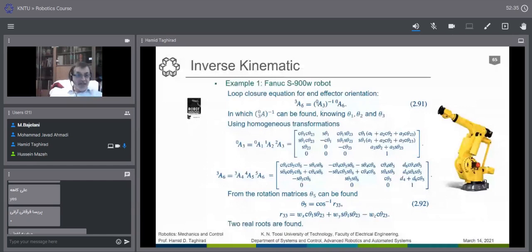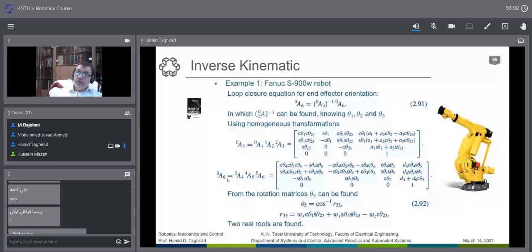We can multiply that, we can find the inverse of that, and giving it to this, we can find A 6 to 3. A 6 to 3, as you see, is the manipulation of A 4 to 3, 5 to 4, and 6 to 5. We have three unknown parameters, theta 4, theta 5, theta 6.